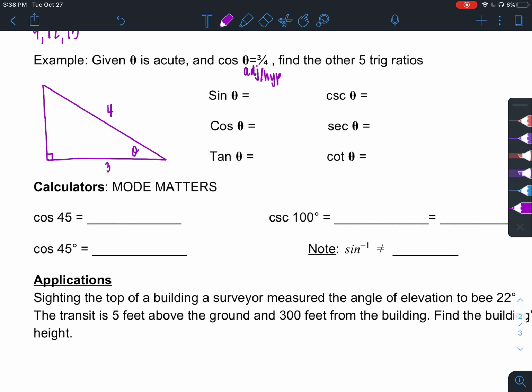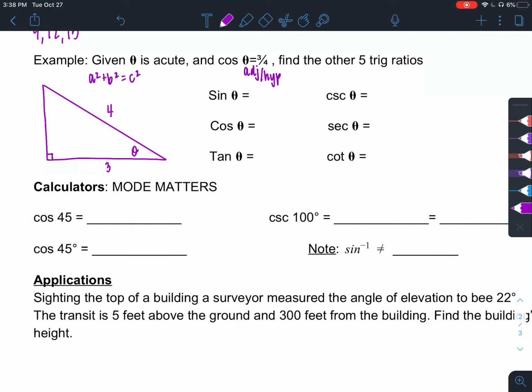This is just the ratios. So then I have that this last side is going to be a squared plus b squared equals c squared.